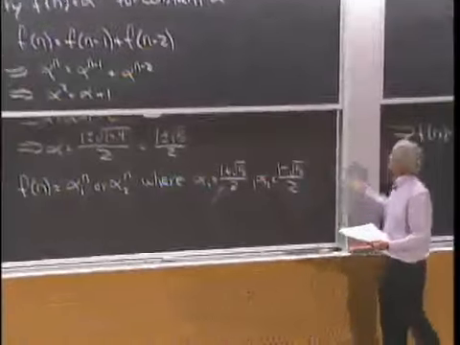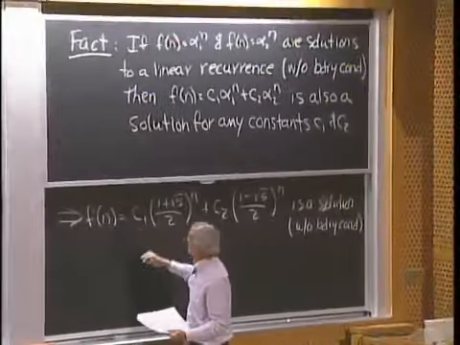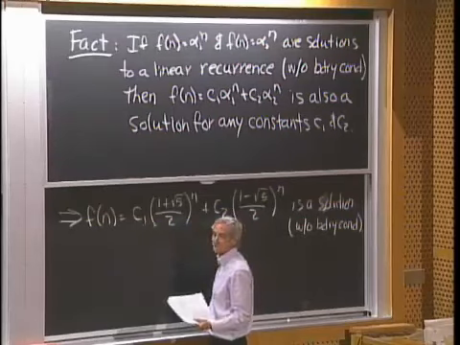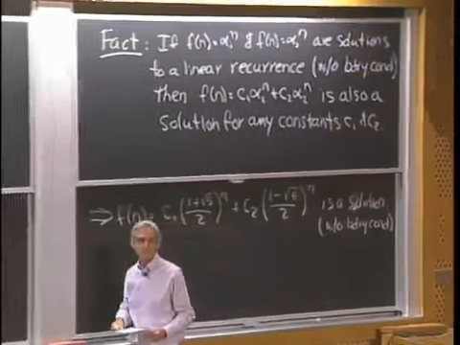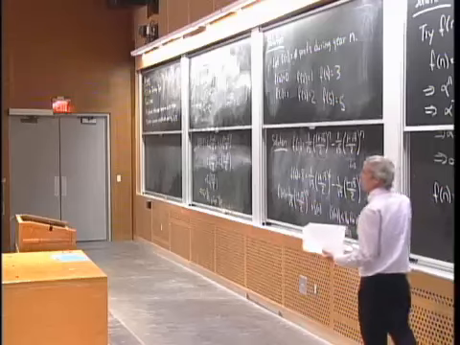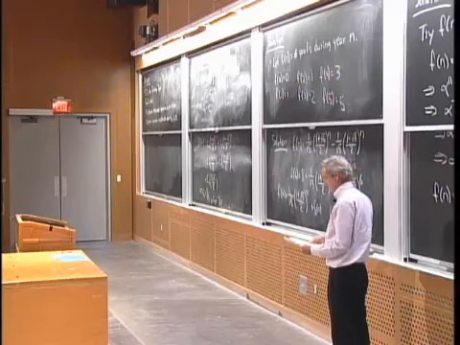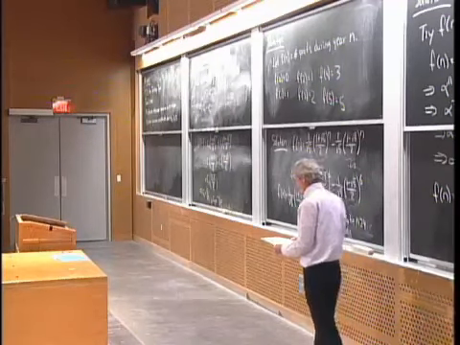Then I used a fact that I didn't prove, that I could use really any linear combination, plugged it into the base cases, and got my constants. Now this will lead up to a formula or an approach, so you don't have to go through this on your own. You just plug in the formula in general.